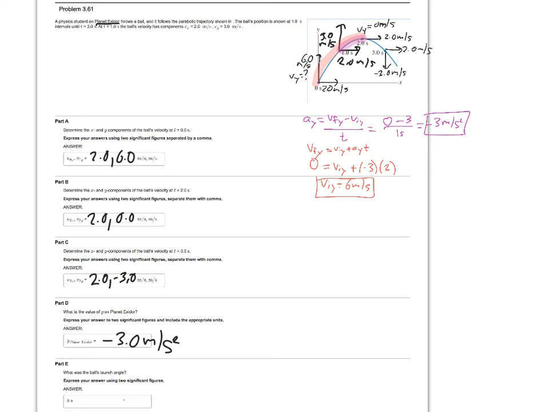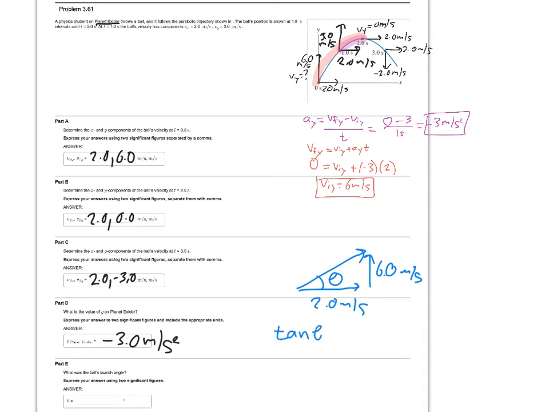The last part asks for the angle of the ball's launch, and so I'm going to think about that initial velocity where it's traveling at 2.0 meters per second in the x direction and 6.0 meters per second in the y direction, and I can use that to solve for my angle.